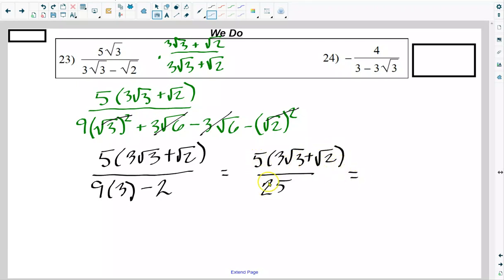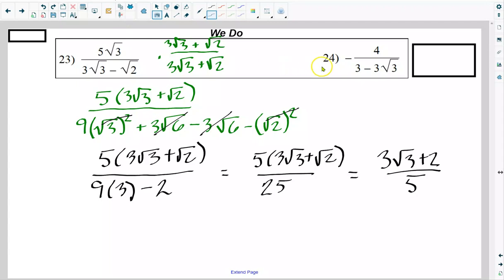And of course, like always, when you can simplify, do so. Both of them can be divided by 5. So it's like a negative over 5. That gives us 23. Let's go ahead and jump into 24.